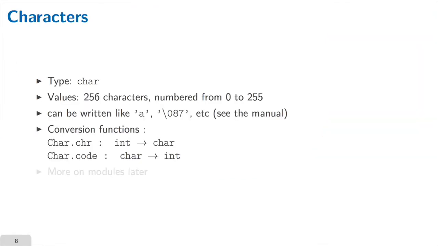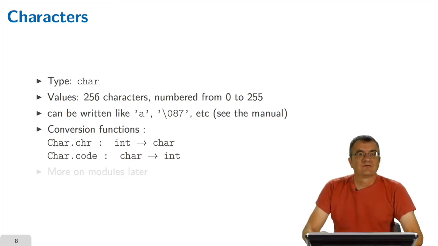We have conversion functions between integers and characters in both directions. And in fact, as you might see from the names of these functions, these are coming from a module called Char. This is all we have to know for the moment about using this module. In fact, we will learn much more about modules in the last week of this MOOC.